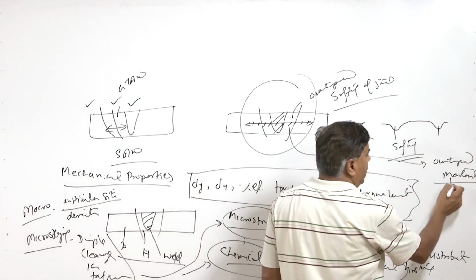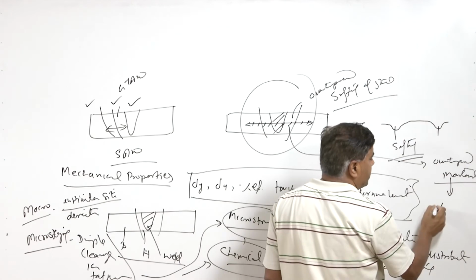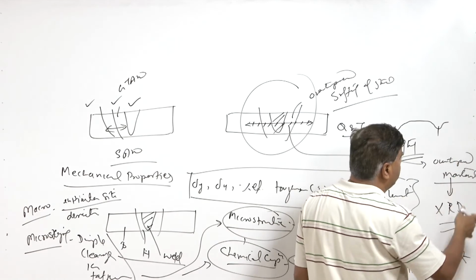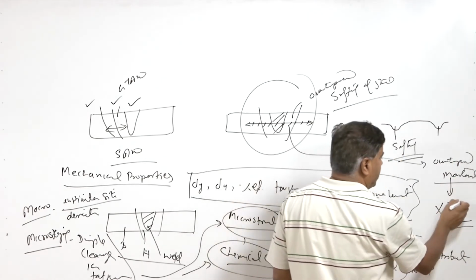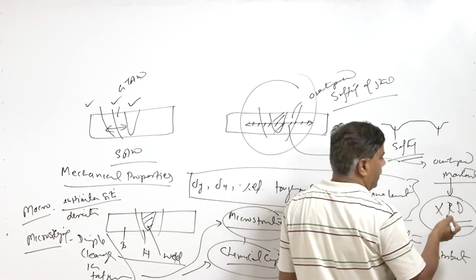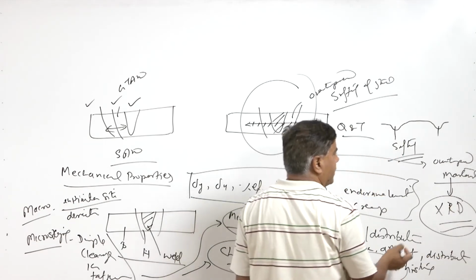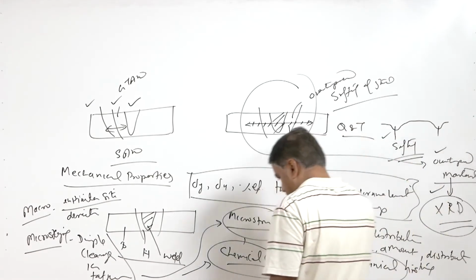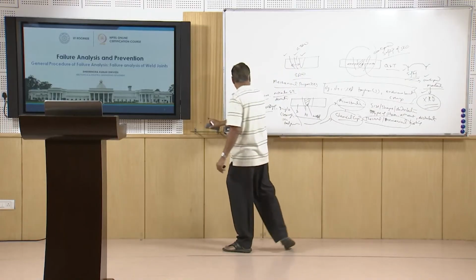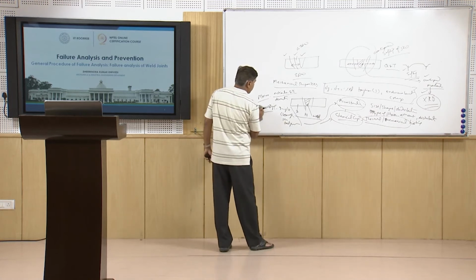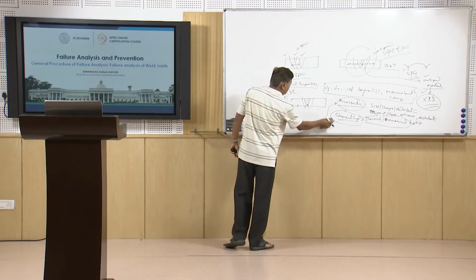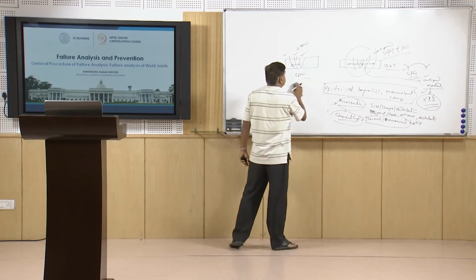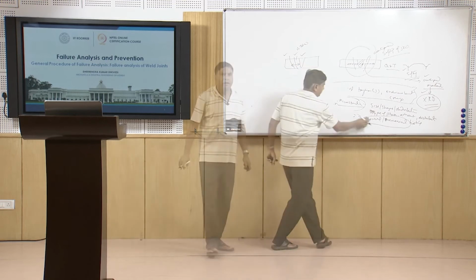Not just the microscopy will be sufficient for this; we may do the XRD analysis, so that the presence of the over tempered martensite can be identified, which can also indicate the presence of the ferritic structure. So, all these things will support the reasons for the softening and for the failure of the weld joint from the softened zone.